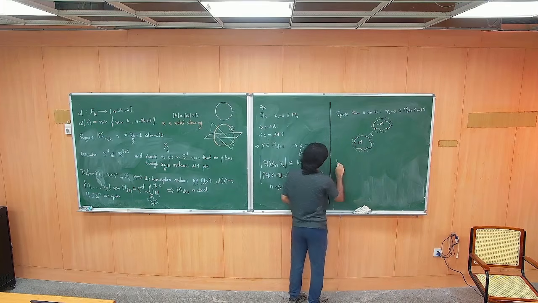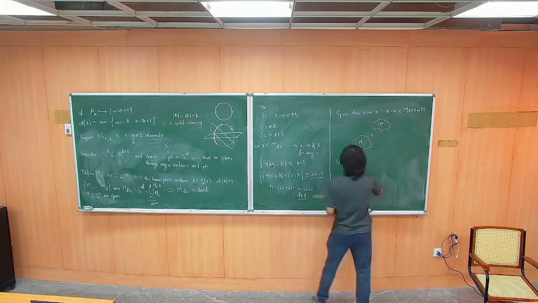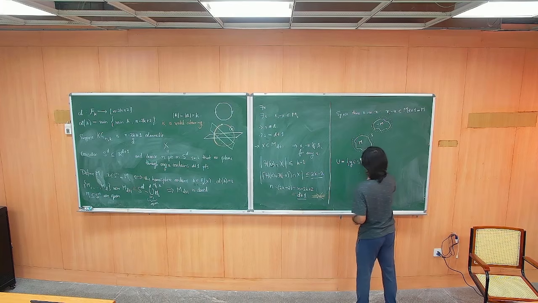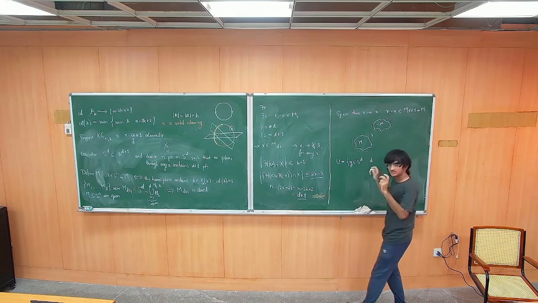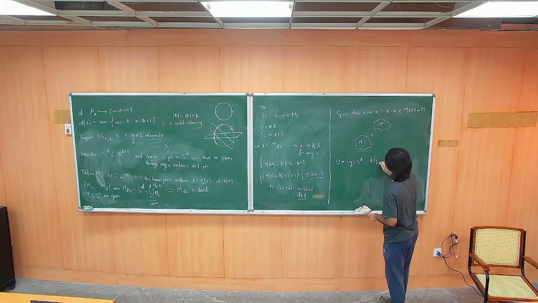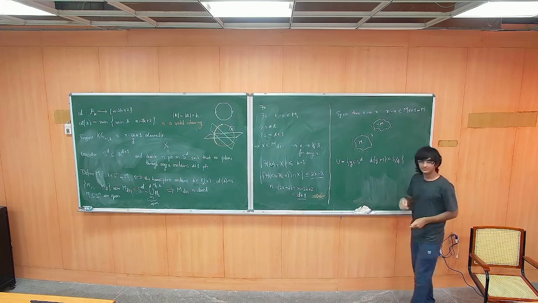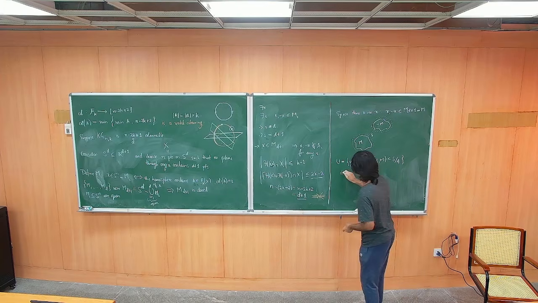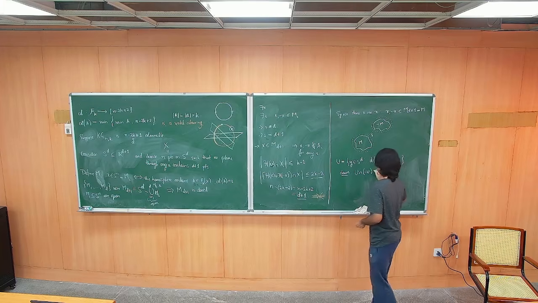So what I'm doing is, I'm setting U equal to all points y in S^d such that the minimum distance between y and M is less than delta by 4. So the claim is U intersection minus U is empty.